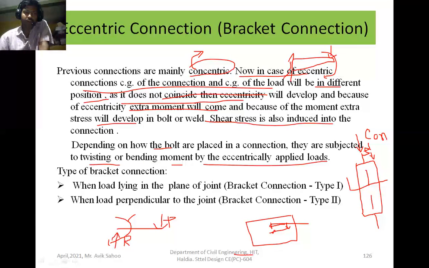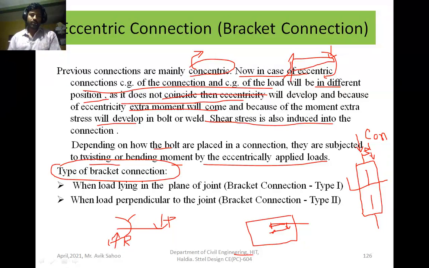Now basically two types of bracket connections are used. When the load is lying in the plane of the joint, this type of connection is called type 1, and when the load is perpendicular to the joint, this type of connection is called type 2.